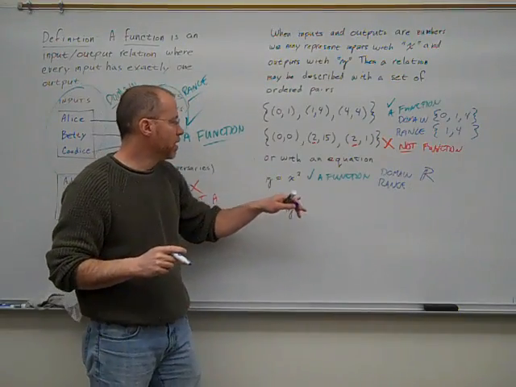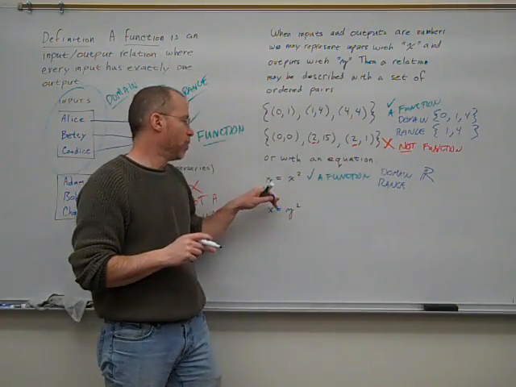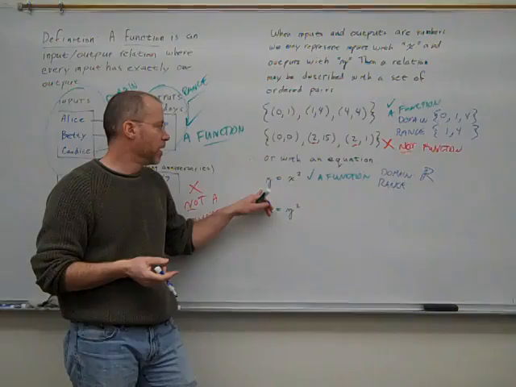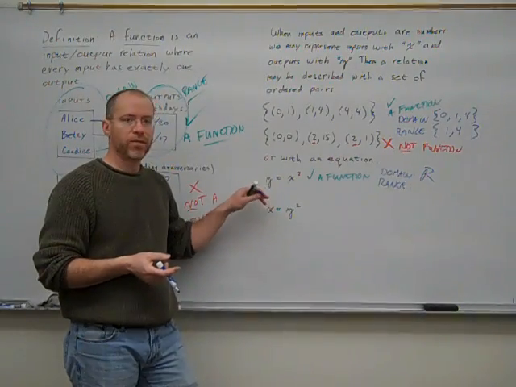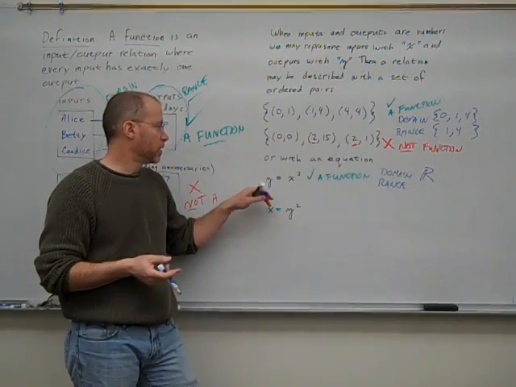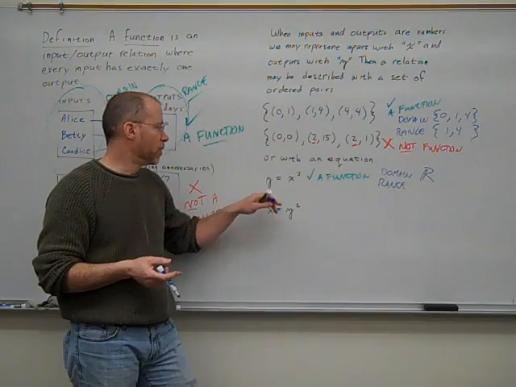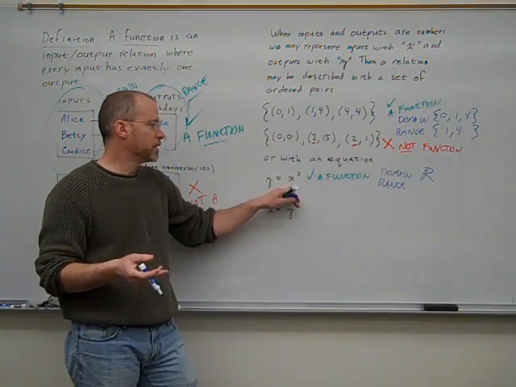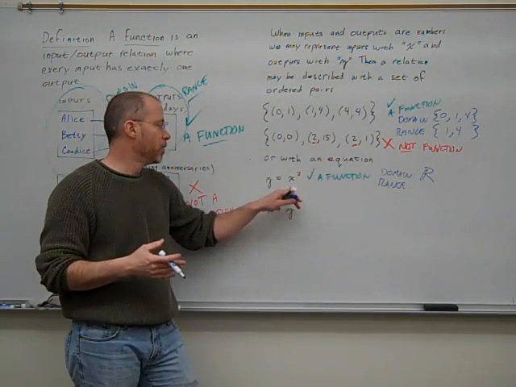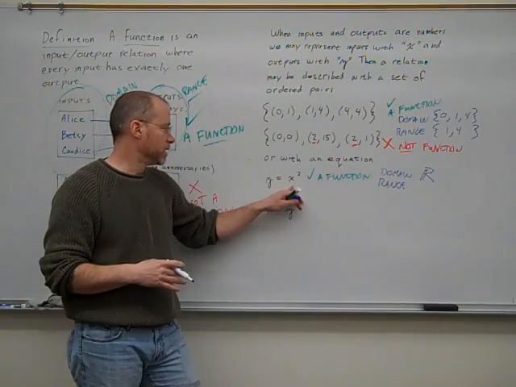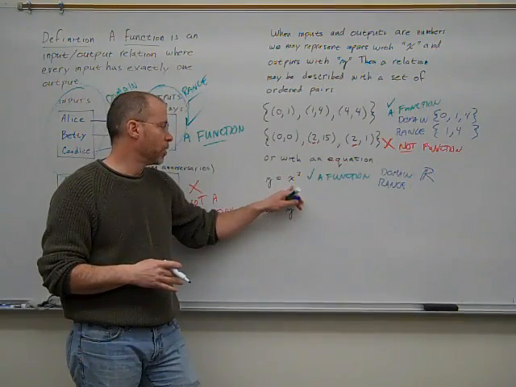And what's the range? The range is any of the outputs, any y's I could get here. A little bit of thought will tell you that the range is not all real numbers, because when you square a positive number you get a positive square, and when you square a negative number you get a positive square, a positive output.